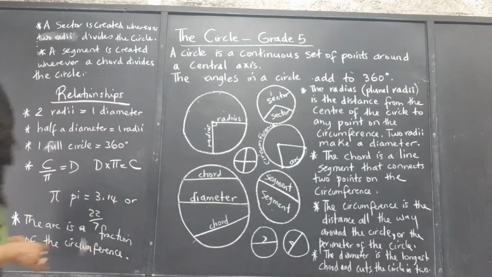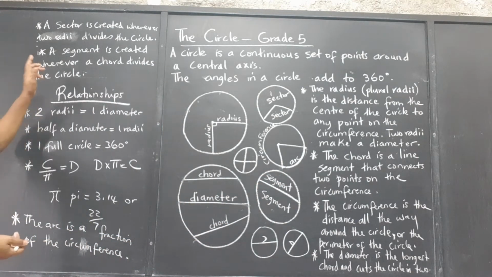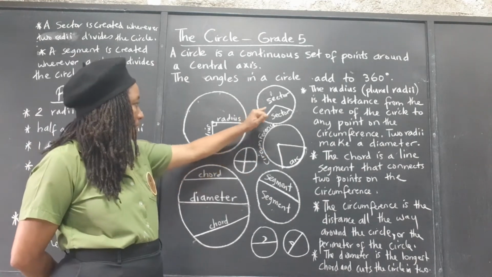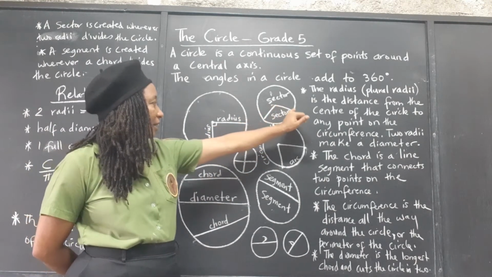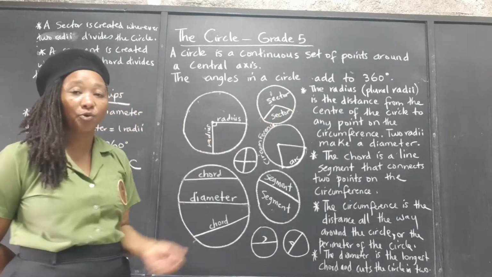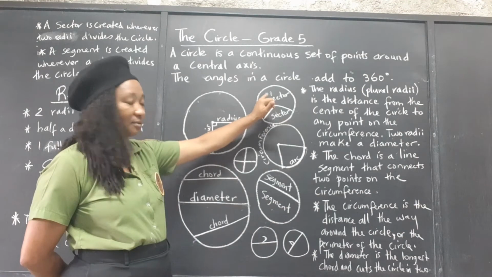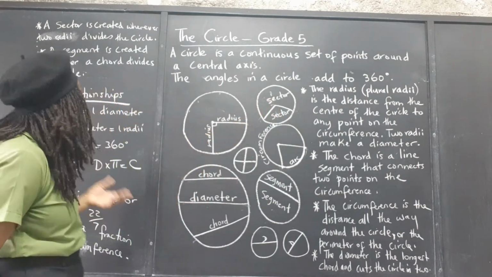So by definition then, a sector is created wherever two radii divide the circle, right? Where two radii, so one is going there, one is going there, two radii cut up the circle, we create sectors. Minor sector, major sector.